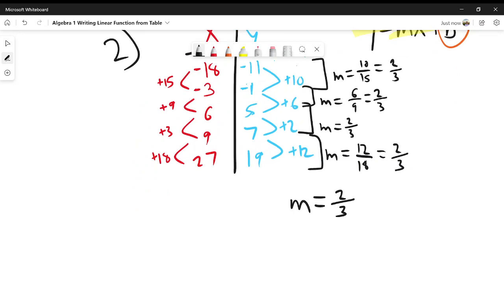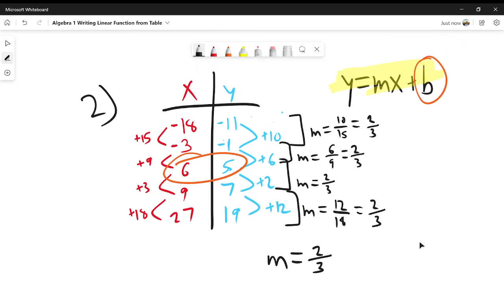To do this, we need to do something called direct substitution, which is where we plug in one of the points to solve for the b variable. We could plug in any of these 5 points, but we should probably choose something that's more convenient for us. So I'm going to pick these points and plug them into the y equals mx plus b equation.